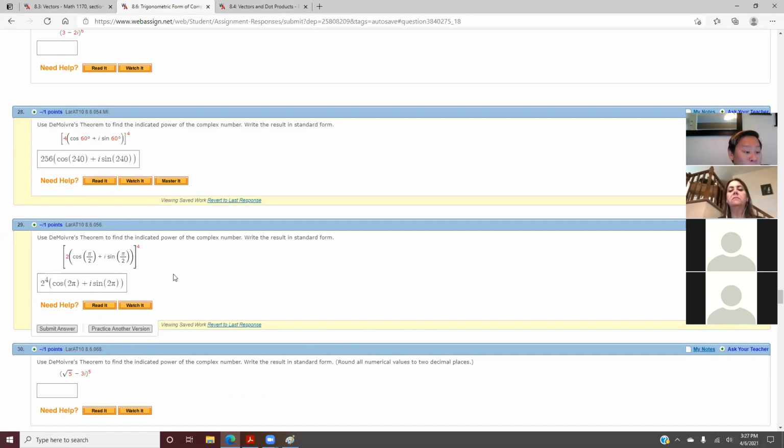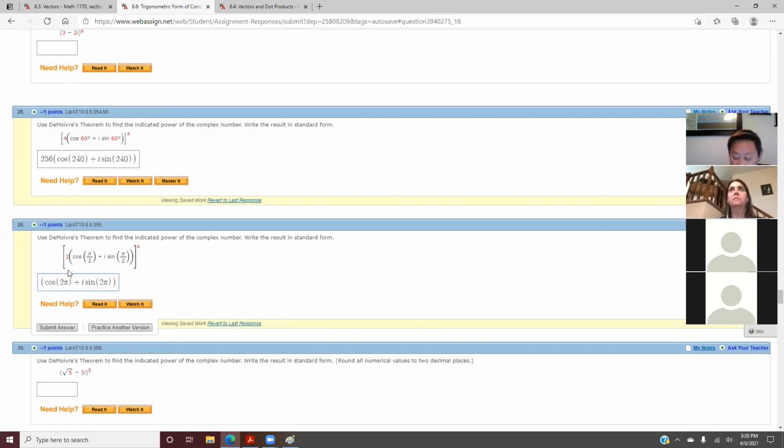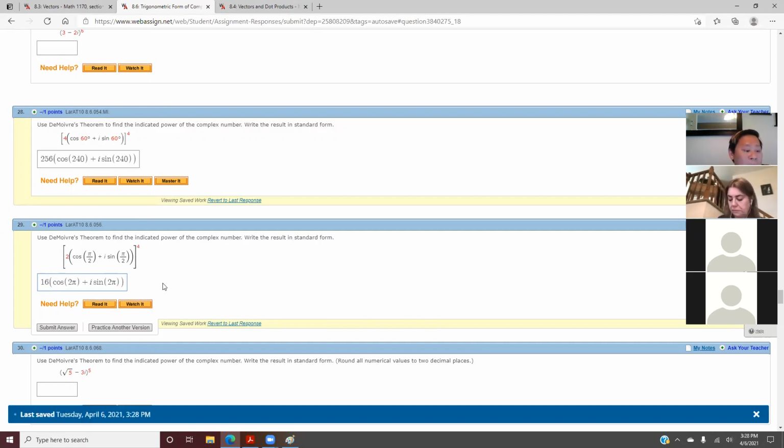Anyone know what 2 to the 4 is? 2 times 2 times 2, this is actually 16. This is not standard form. So how do we convert this into standard form? Take out your calculator and multiply.